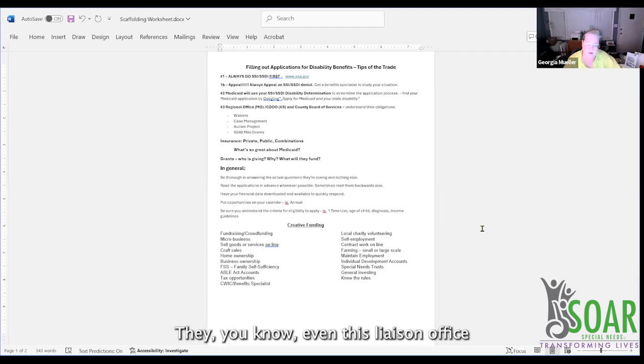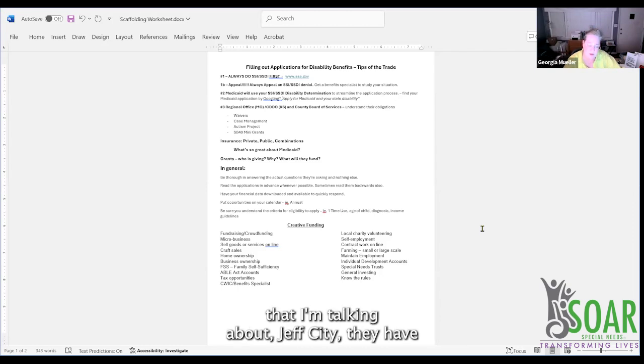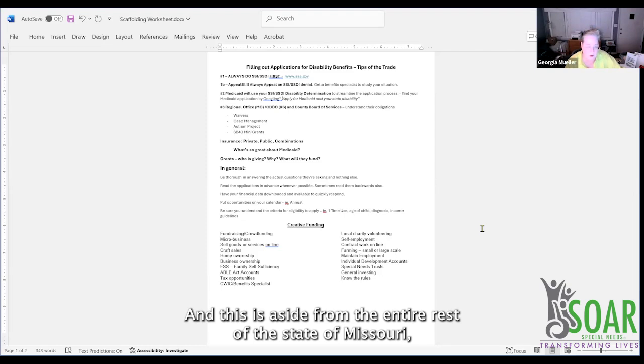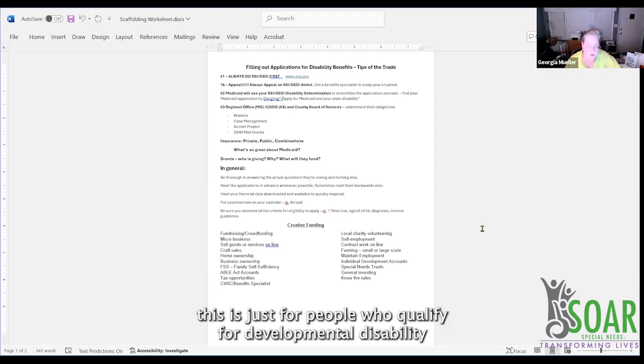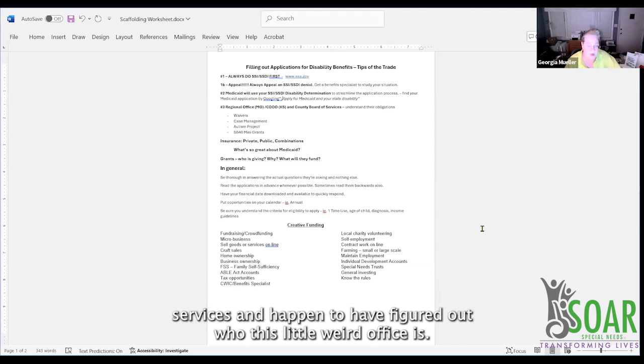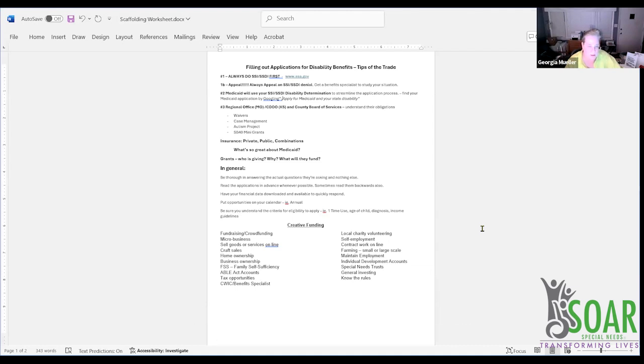Even this liaison office that I'm talking about in Jeff City, they have 150 high priority cases that they are chasing themselves. And this is aside from the entire rest of the state of Missouri. This is just for people who qualify for developmental disability services and happen to have figured out who this little weird office is. So it's pretty weird right now. There's a lot going on.